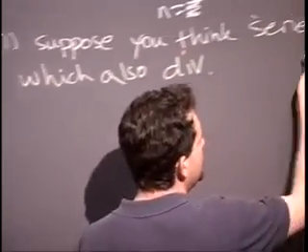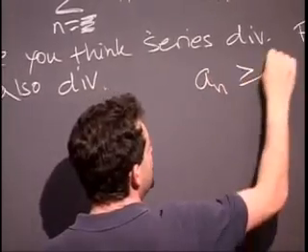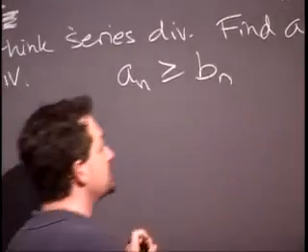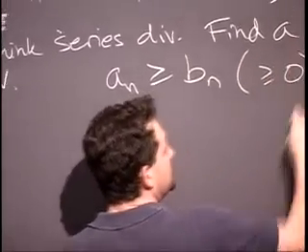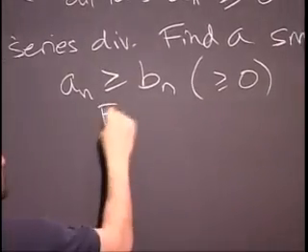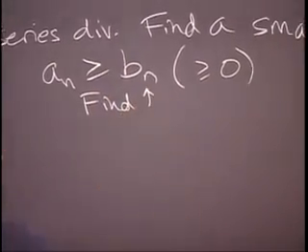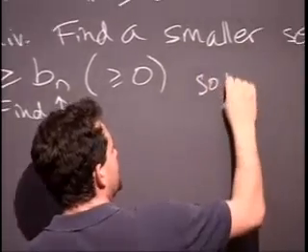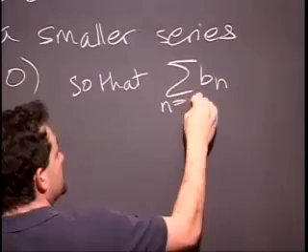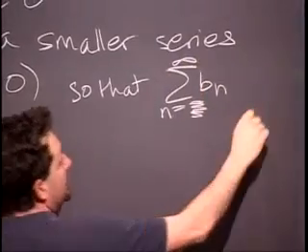which also diverges. I.e., you want a_n to be bigger than some other b_n, and no cheating by picking negative series. This still has to be positive. So find this so that the new series that is simpler, and it doesn't matter where it starts, diverges.